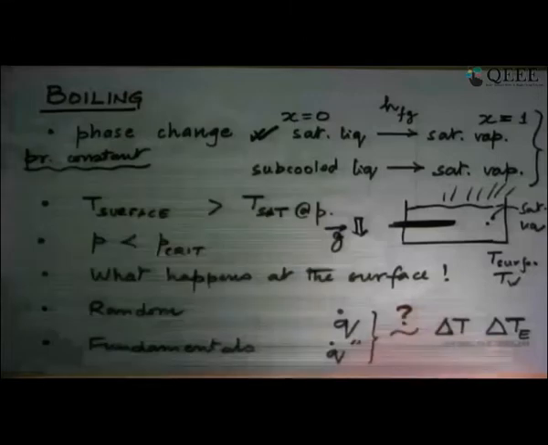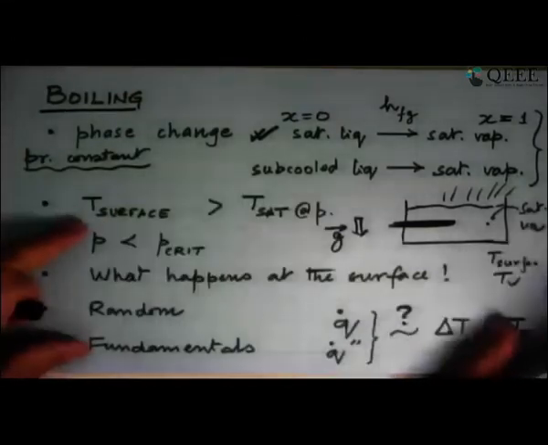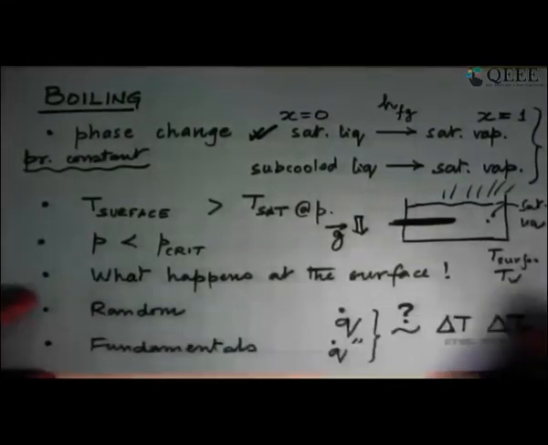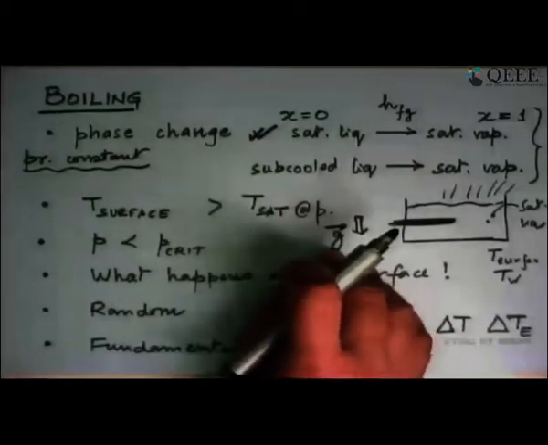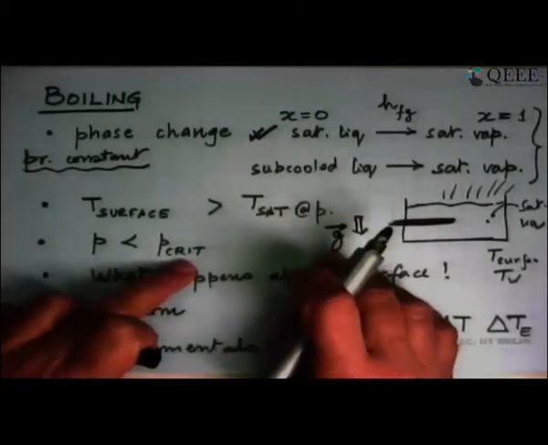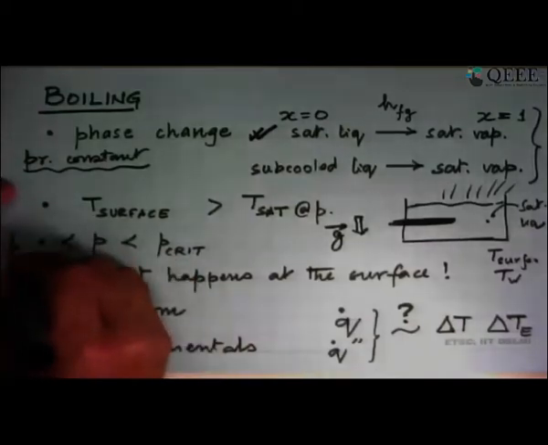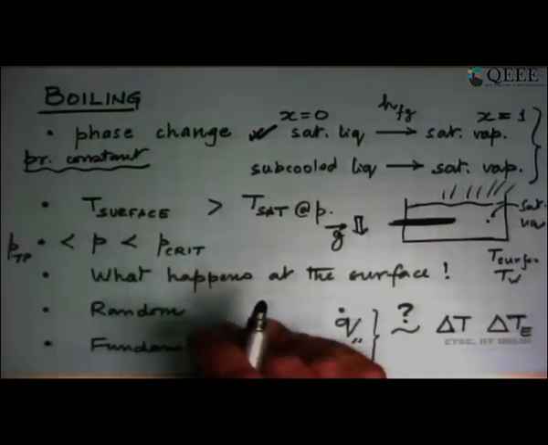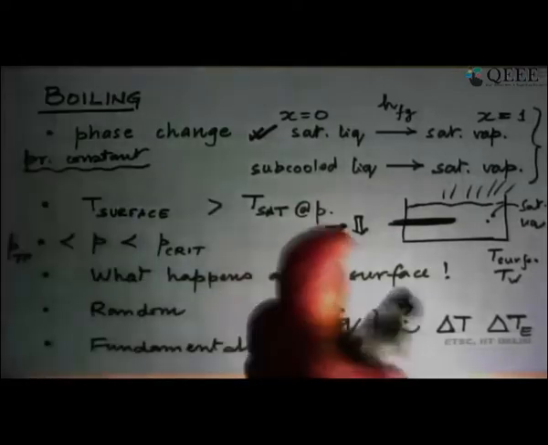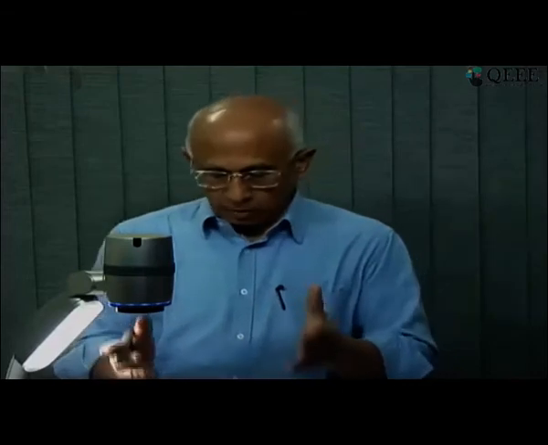So that is the first thing, that we need to quantify the surface temperature. The very fact that boiling occurs means that the pressure is less than the critical pressure, and to be very precise, greater than the triple point pressure of the substance. It is only between these two pressures that a phase change can be seen, as thermodynamics has taught us.